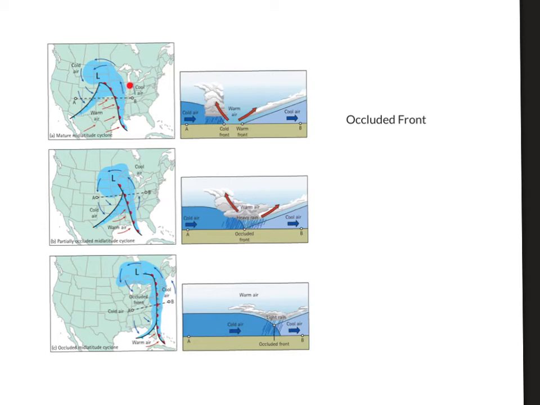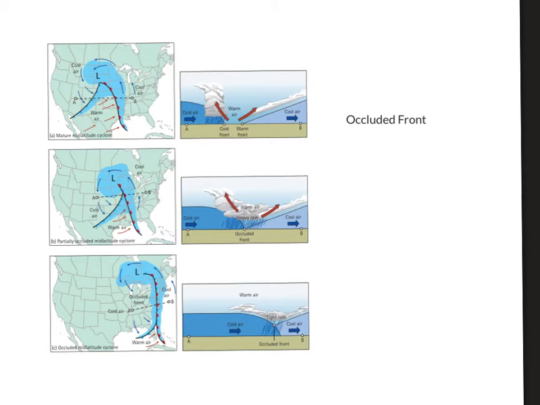And so what you end up with is this warm air is separating into the cold air. And so you can see that if you look at this as sort of a cross section, you have a region of cold air pushing in and a region of cold air, and the warm air is tending to lift up and rise.